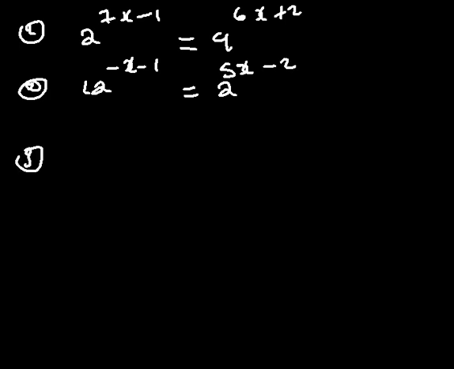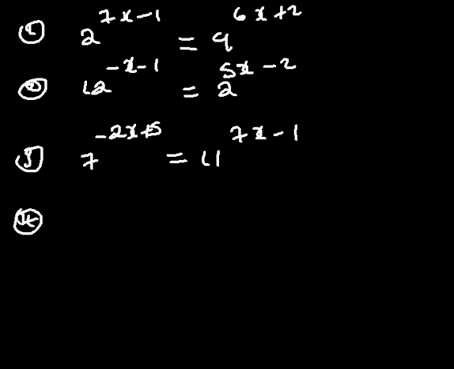And let's say we have 7 to the power negative 2x plus 5 equal to 11 to the power 7x minus 1. How do you think we should approach that?